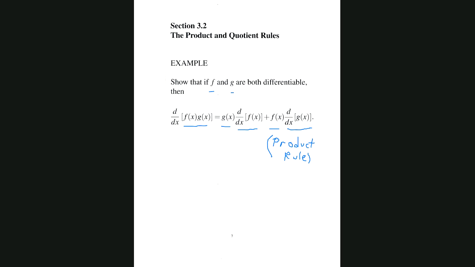And we can denote that in briefer notation like this. Let me show you here. You can have (f times g) prime, where prime means you're taking the derivative, equals f g prime.